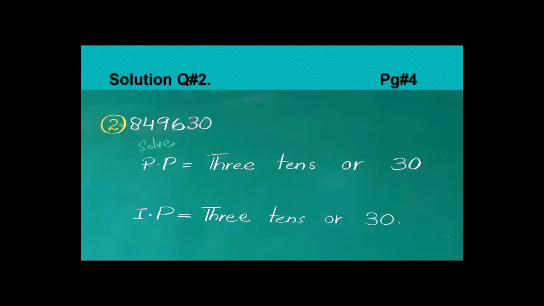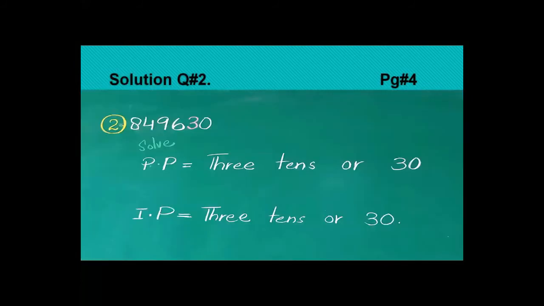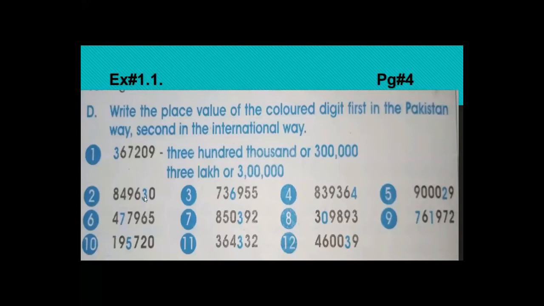Now look at this slide. Question number 2 is also done for you. I've solved question number 2 for you. 849630. Here what's the colored digit in number 2? Units, tens. Here 3 comes at the place of tens and 3 is the colored digit. So what's the place value here? The place value of 3 is tens.